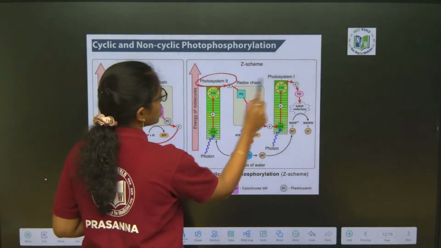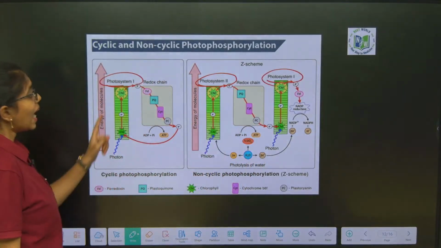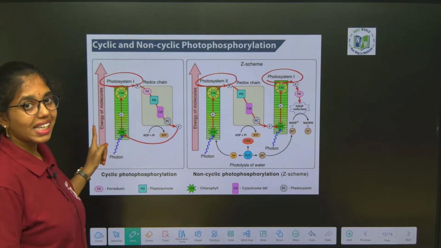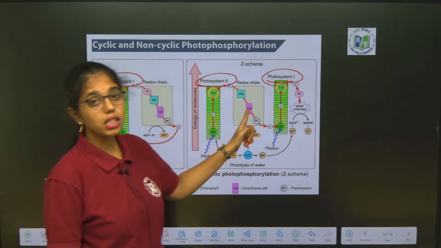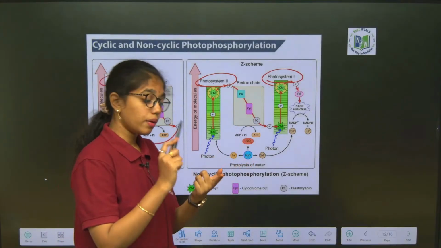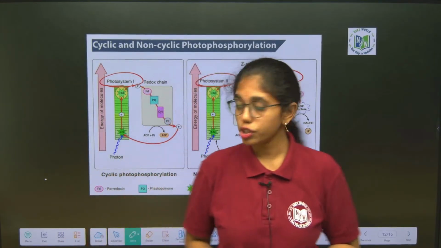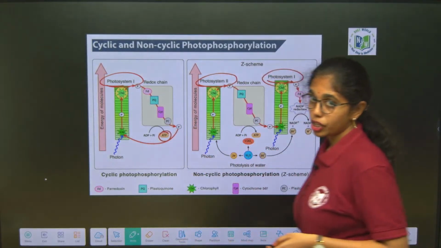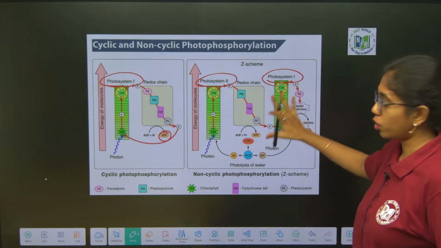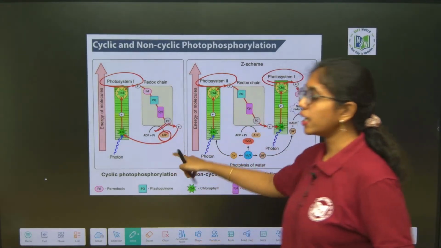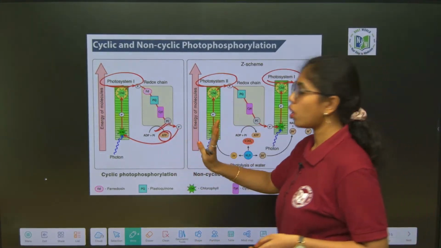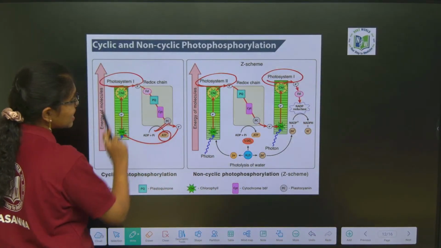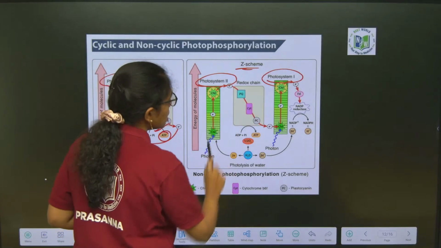In non-cyclic, both photosystems, PS2 and PS1, are involved, and there is an oxygen evolving complex and photolysis of water, whereas in cyclic there is none. In non-cyclic you see both ATP and NADPH formation, but in cyclic only ATP formation. The electron movement is cyclic there, but in the Z shape here.